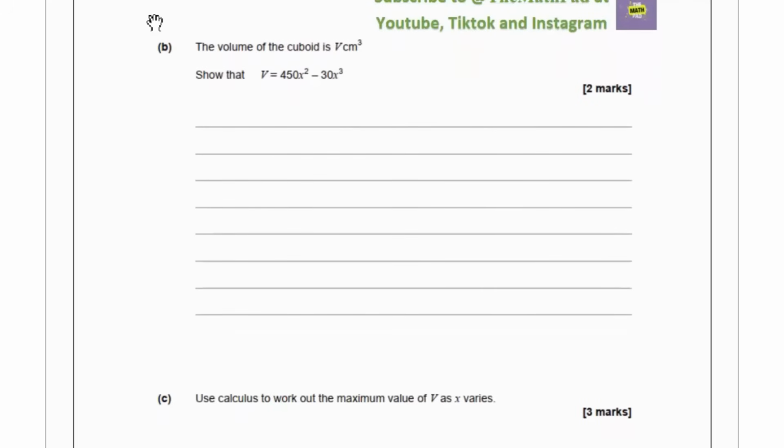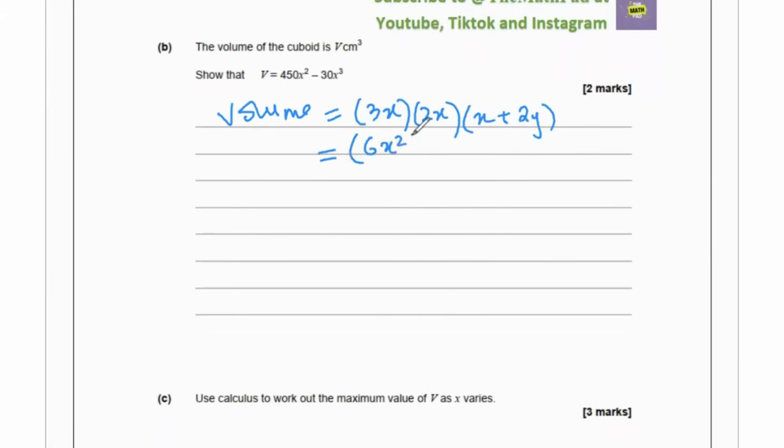Then it says the volume of the cuboid is V centimeter cube. So that V is 450x squared minus 30x cubed. So volume is basically going to be 3x times 2x times (x plus 2y). We will replace the y with the equation that we created for it. So 6x squared times (x plus 2 times (75 minus 6x) over 2).